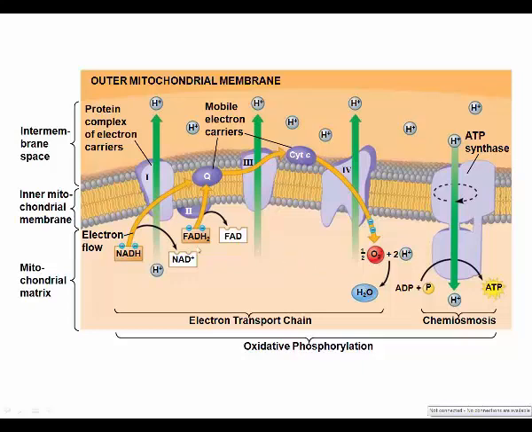And of course that NADH and FADH2 are dropping off electrons at the transport chain. Remember that this is the matrix, this is the intermembrane space, this is the inner membrane of the mitochondrion, and this is the outer membrane, which isn't very well depicted here.